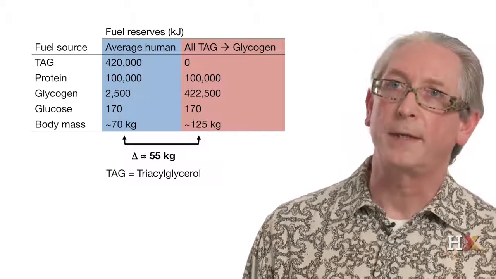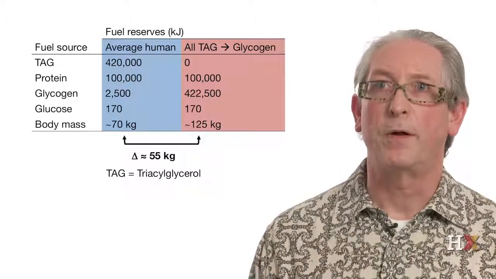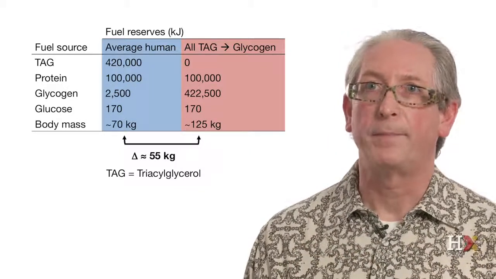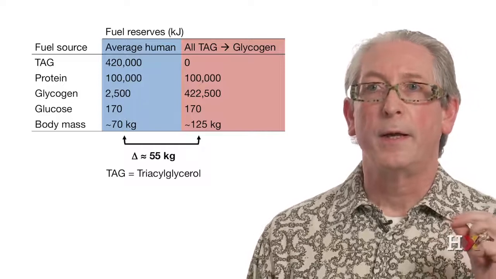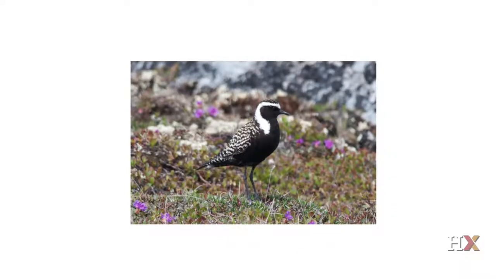We can also take an example that connects the usage of triacylglycerol with sustained physical activity. There are birds called golden plover who migrate from Alaska to the southern tip of South America.